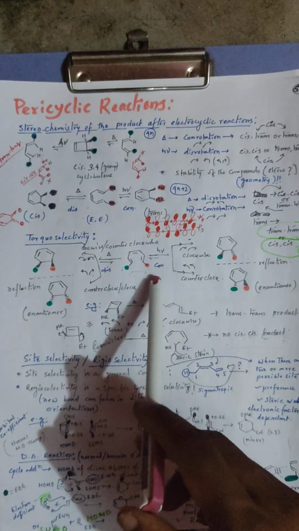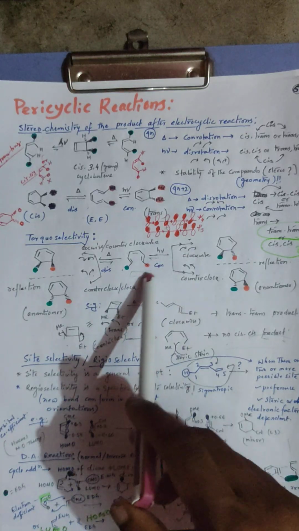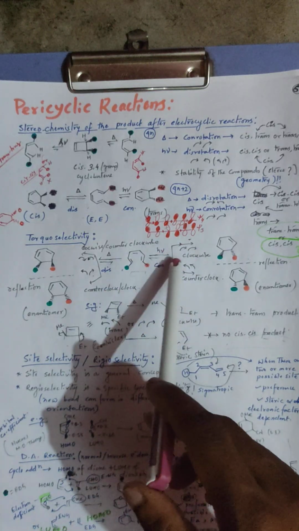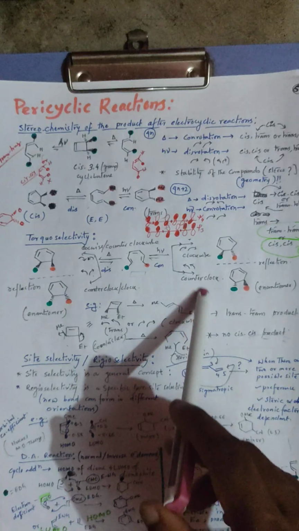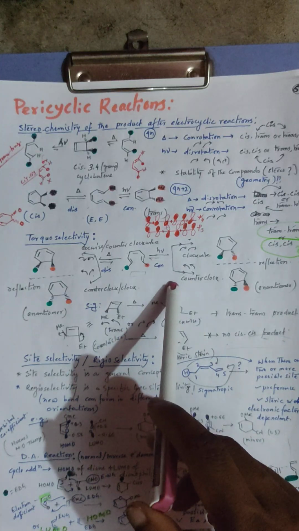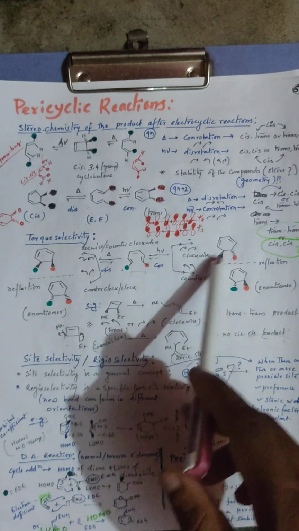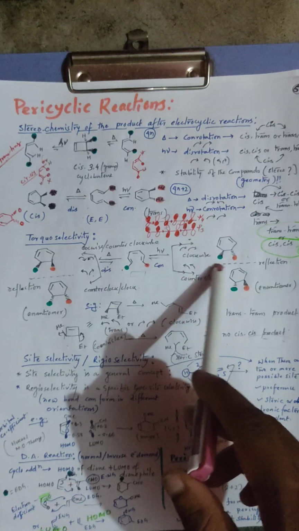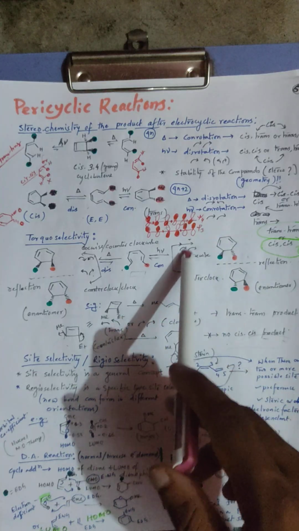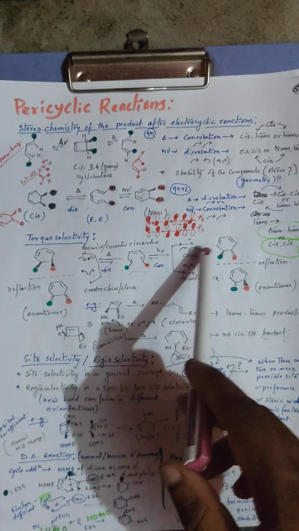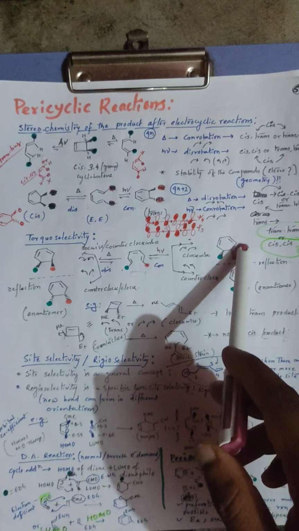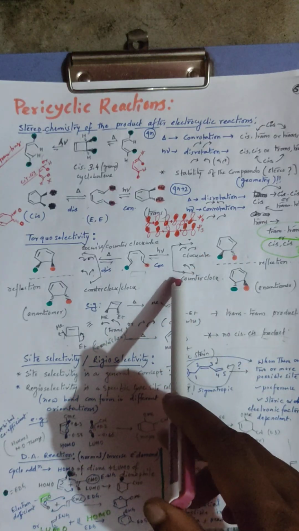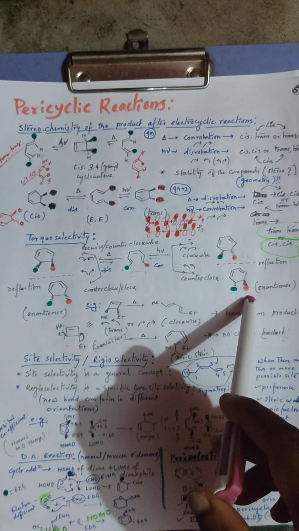In the case of photochemical condition, either both orbitals follow clockwise or both follow counterclockwise. The clockwise orientation of the orbital gives one enantiomer of the product, counterclockwise gives the other enantiomer of the product.